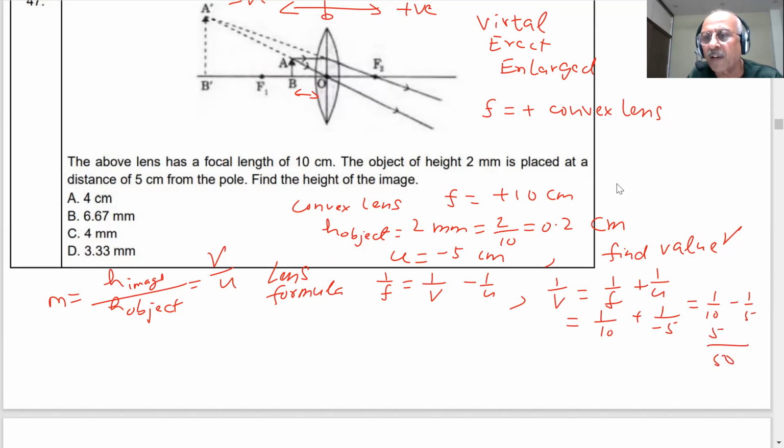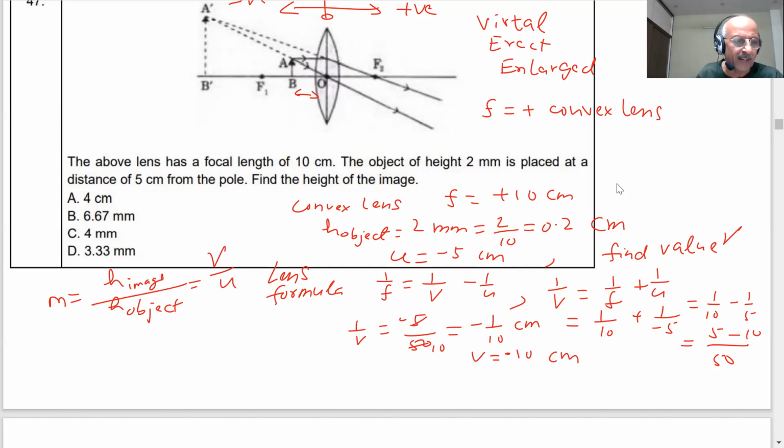LCM is 10, so 1 by V equals minus 1 by 10. So V equals minus 10 centimeters. As you can see, the image is formed on the left hand side, and the sign convention also says this.